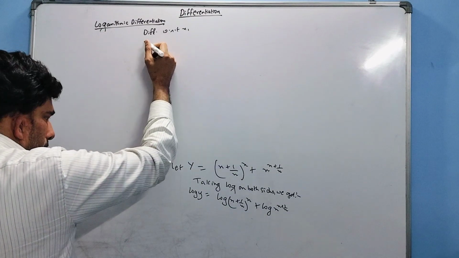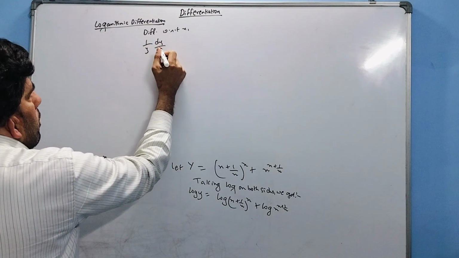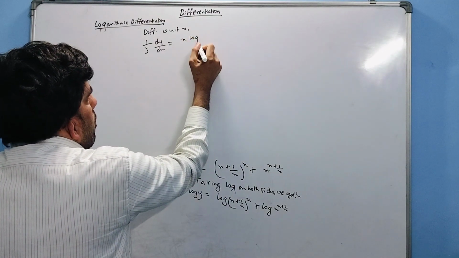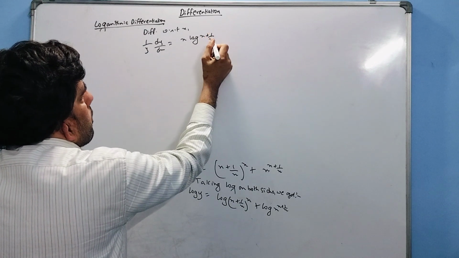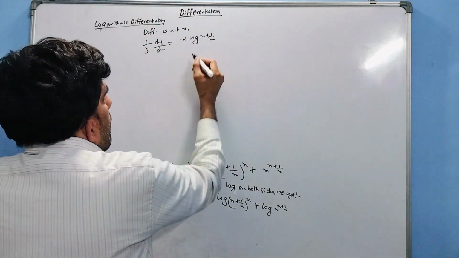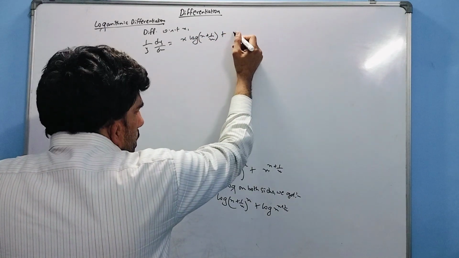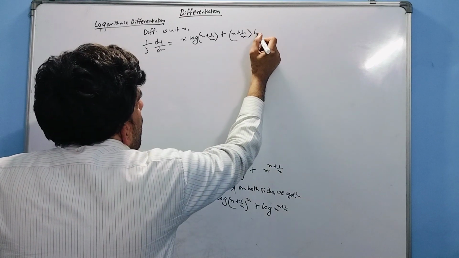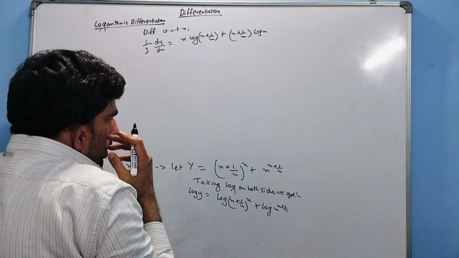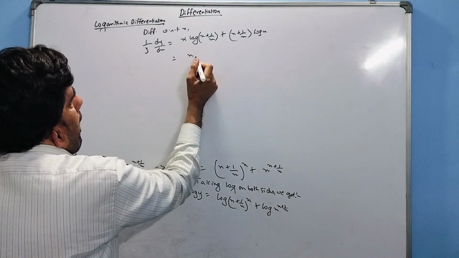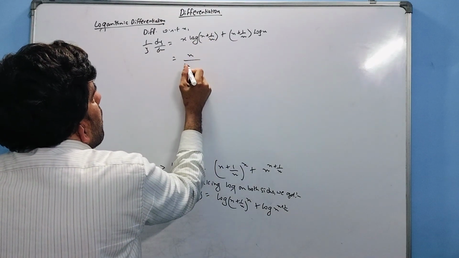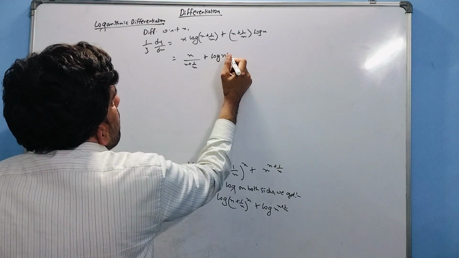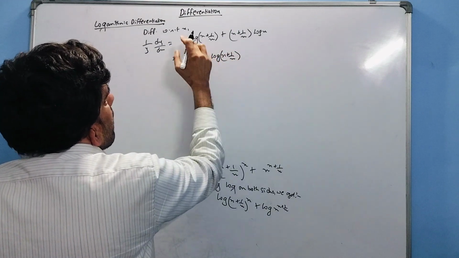What we got here? 1/y dy/dx is equal to x into log (x + 1/x), plus, we can say (x + 1/x) into log x. Okay, now we'll differentiate it. So we got x into differentiation of this, we got 1/(x + 1/x), plus log(x + 1/x) into differentiation of x will be 1.